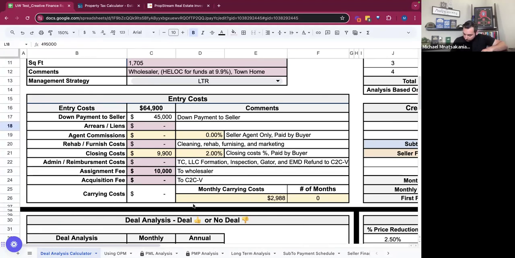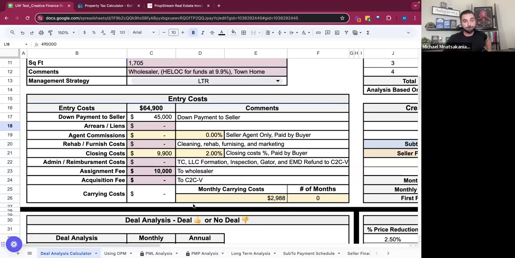And that's why it's really important when it comes to sub 2 properties, where you're buying subject to their existing loan, to understand that if it's not cash flowing, it's probably going to get worse when you take it over. Taxes and insurance will probably go up, because typically it's a homestead buyer, someone who's living in it. Maybe they have tax exemptions, or lower owner-occupant insurance rates because it's a primary residence, so it's cheaper than you paying as a landlord.